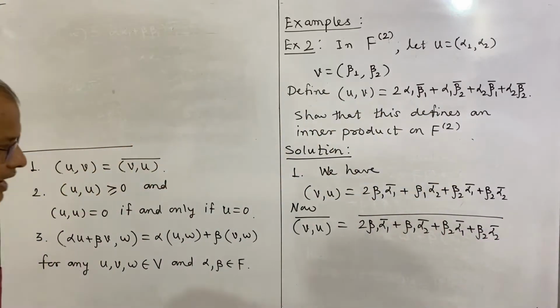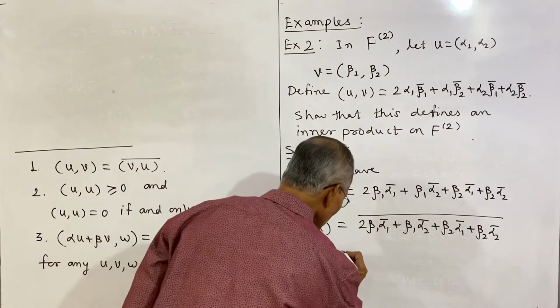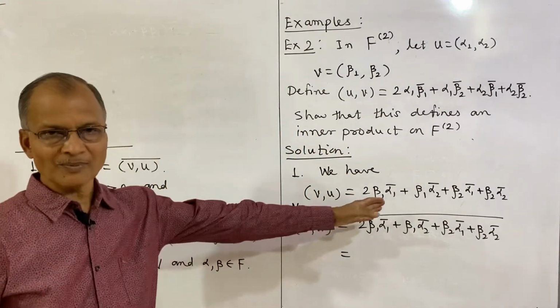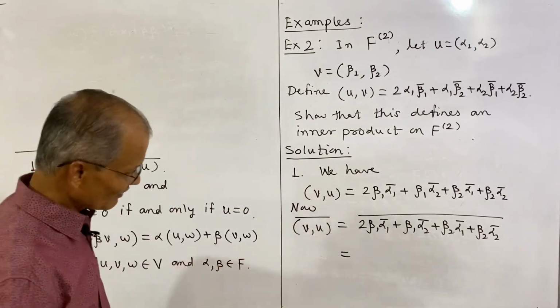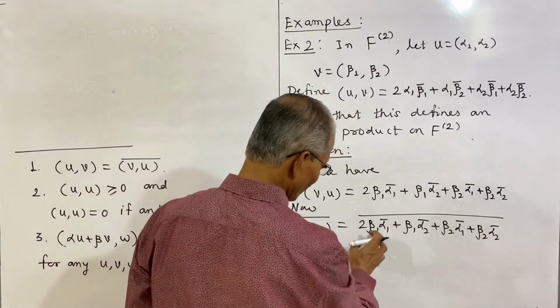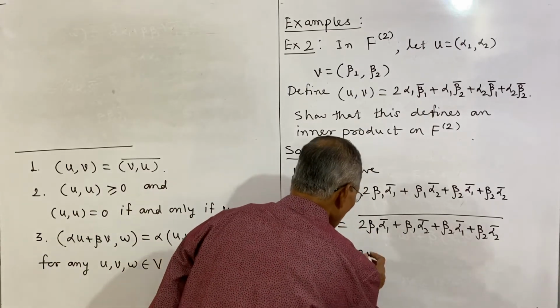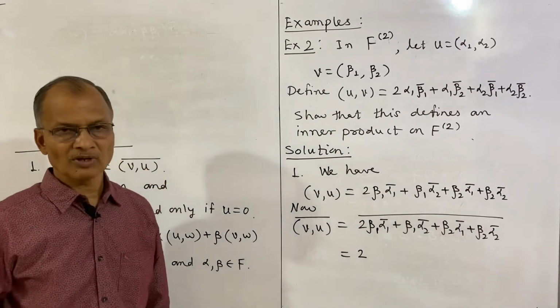By the properties of conjugate of complex numbers we can take the conjugate separately, and then we can write the conjugate of each product also separately. First, conjugate of 2 is 2, because 2 is a real number.